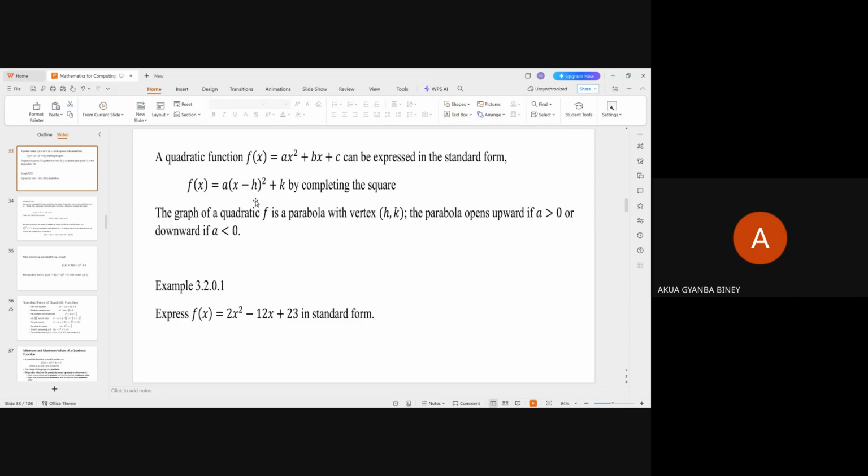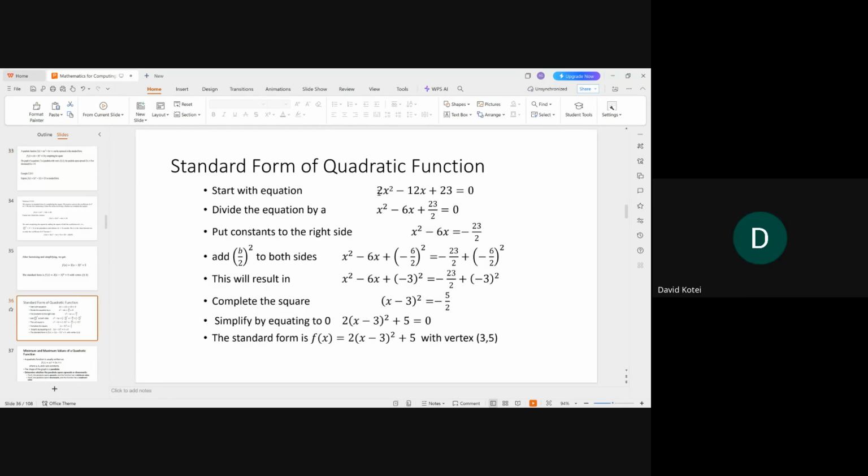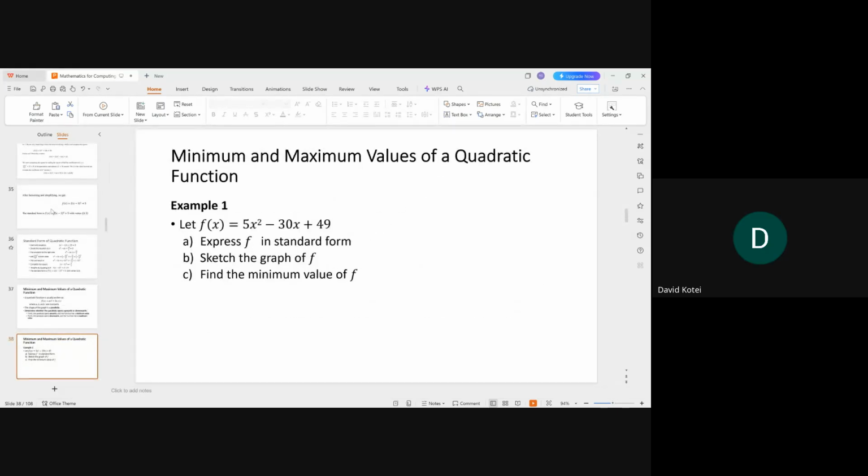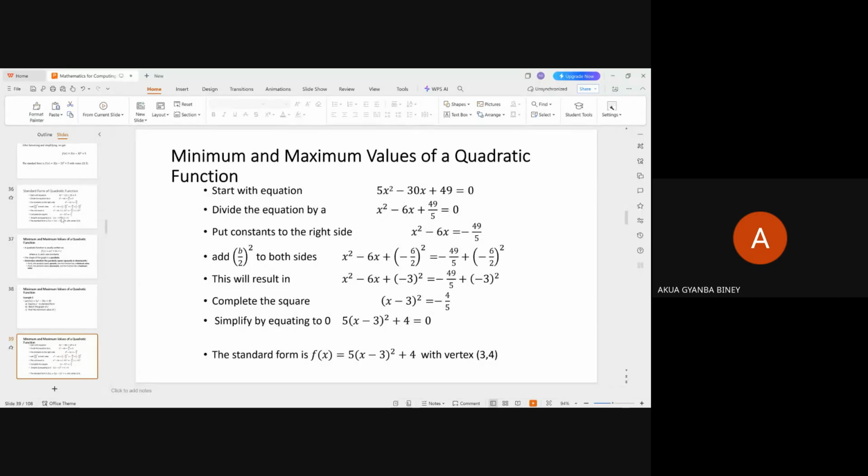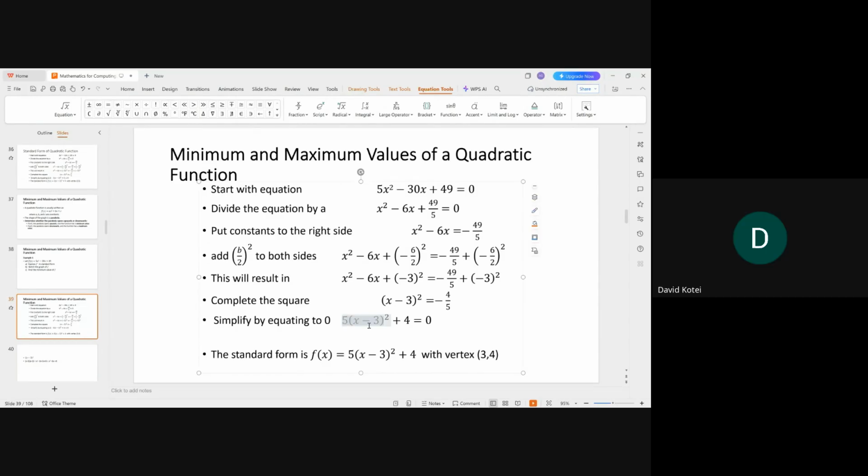Then this becomes my H and K. So with what we had here, what was our A? Our A was 5. So put it in standard form. There's a reason why I multiply to get it in that form. My A is still there. Now this is my H and K.